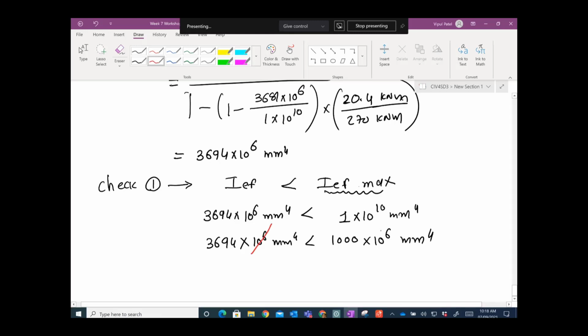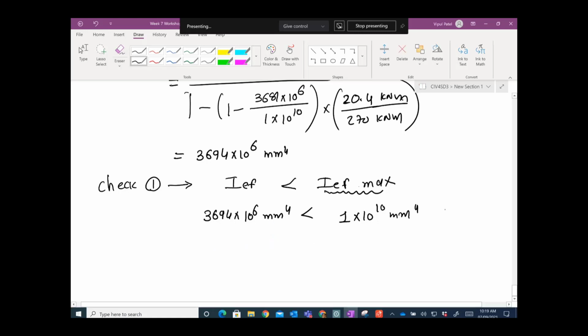So you can see this can be cancelled on this side. So 3000. What happens here? Oh, okay. So you need to have one more zero there, times 10 raised to 6. So let me check. 1 times 10 to the power 10, take away 3694 times 10 to the power 6. Yes, so that is right. Let's make this comparison.